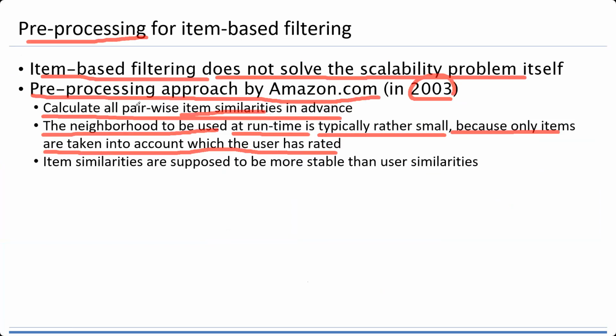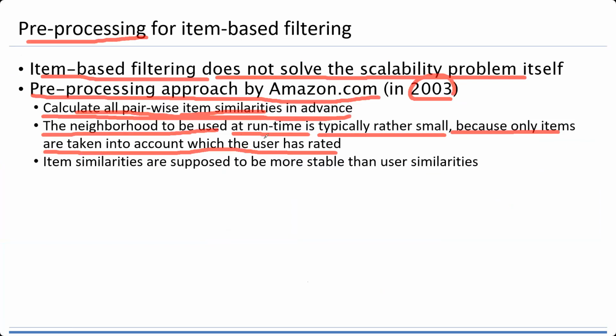So that's why they calculate all pairwise item similarity in advance. In advance means they calculate first. Because if they calculate before the prediction, it will be time consuming. So they already have the database of the similarity before they do the prediction.